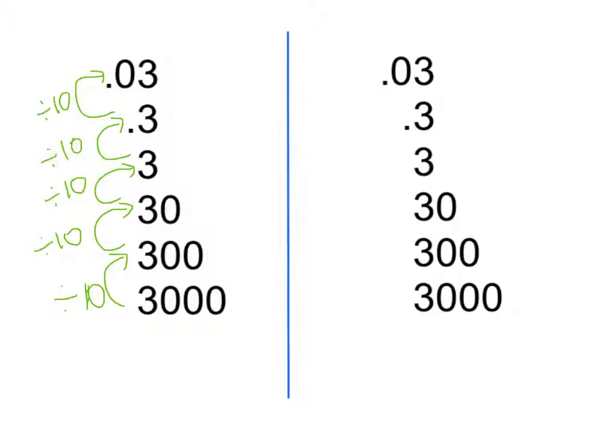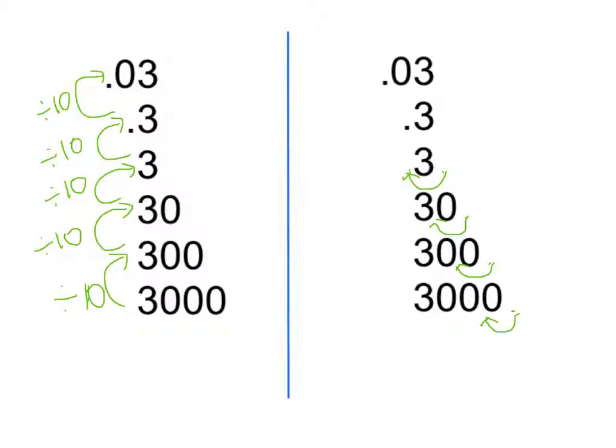Very interesting. Now if we take a look at what's happening on the right side, what is happening with our decimal place? Well, our decimal place starts over here and it moves 1 place to the left. And then from the next one, it moves again 1 place to the left. Again, 1 place to the left. We have 3. 3, we move it 1 place to the left.